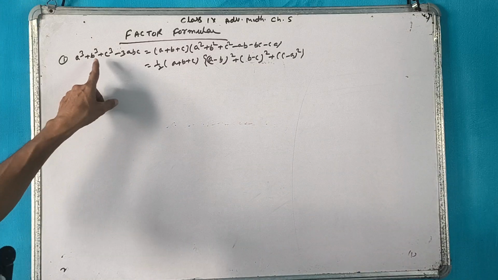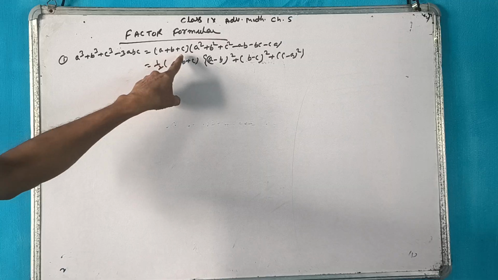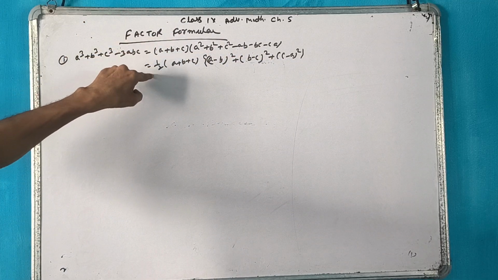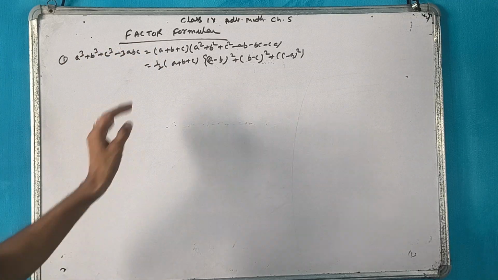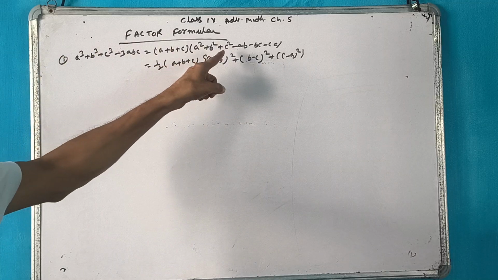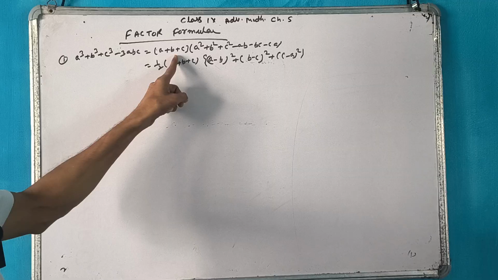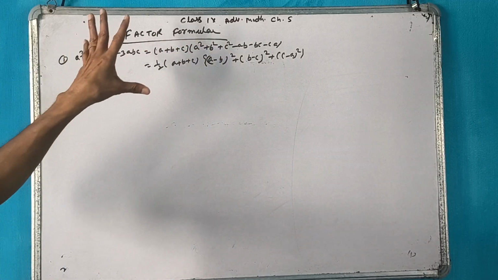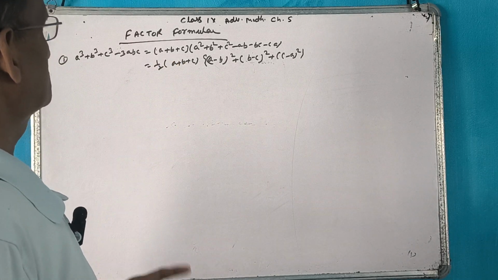The first factor formula is a cube plus b cube plus c cube minus 3abc equal to this. Both are almost the same, but in a different way. When you write this opposite, the converse, then this equal to this is the factor formula and this equal to this is the product formula. You need the proof here also. You can take the left hand side and multiply, and you will get the proof.